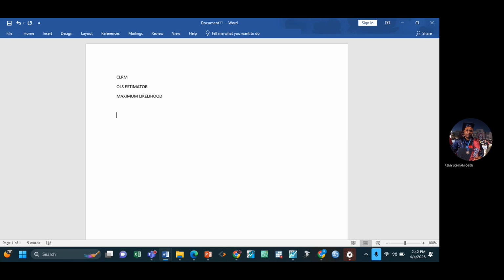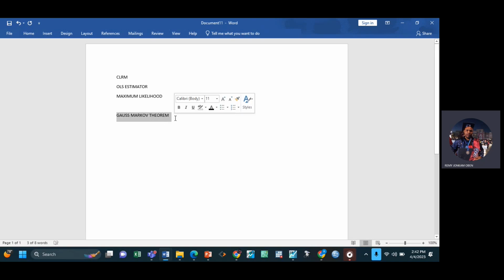So we have the Gauss-Markov theorem. Yeah, we are going to talk about it 20 times, and then we'll stop. So what is the Gauss-Markov theorem telling us? It is telling us that the ordinary least squares estimator is the best linear unbiased estimator if certain conditions are satisfied.